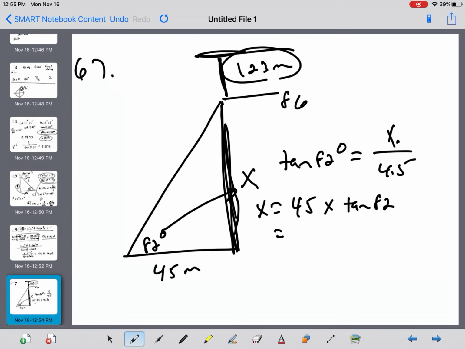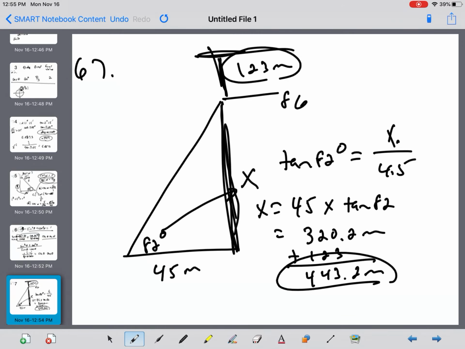And so when I do that, I get x is equal to 320.2 meters. Now I add the 123 and I get 443.2 meters for the height of the Empire State Building. Pretty tall. That's in meters, which is more than 450 yards.